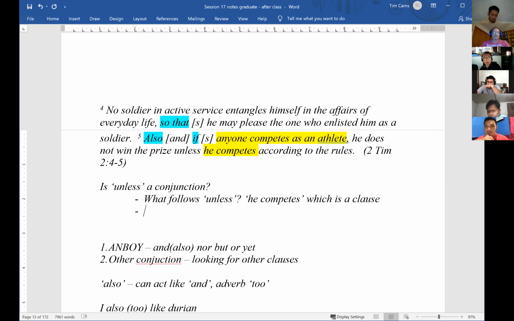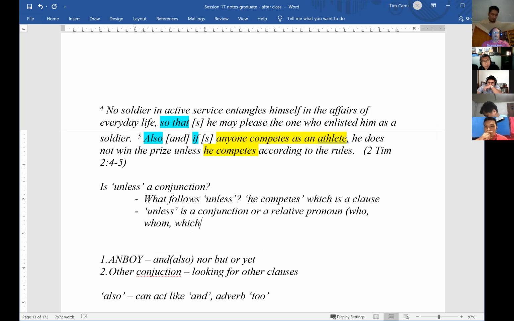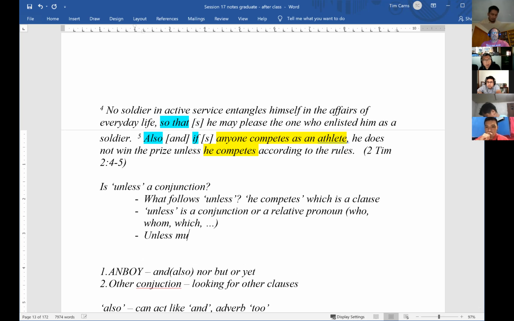Exactly. So that means "unless" is either a conjunction or a relative pronoun, right? The who, whom, which. All right, so I know it's not a relative pronoun, correct? Yes. So "unless" must be a conjunction, because it is not a relative pronoun.